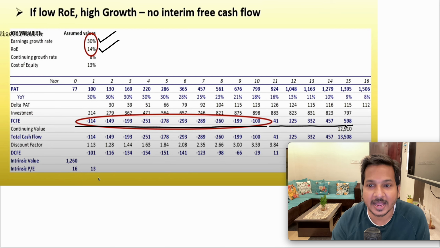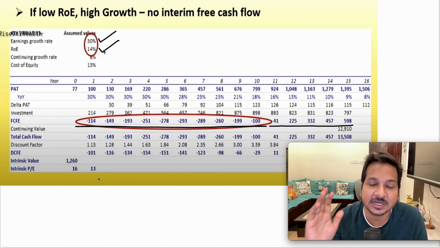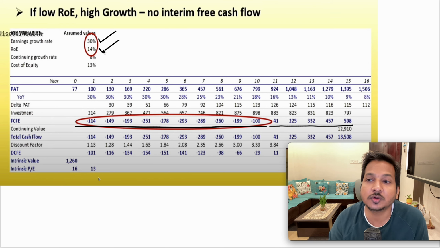So if you are buying any company now for the long term with around 13-14% or lesser ROE, you are giving that price for value addition that will happen only after 9-10 years. So you should not buy any company with less than 15% ROE.